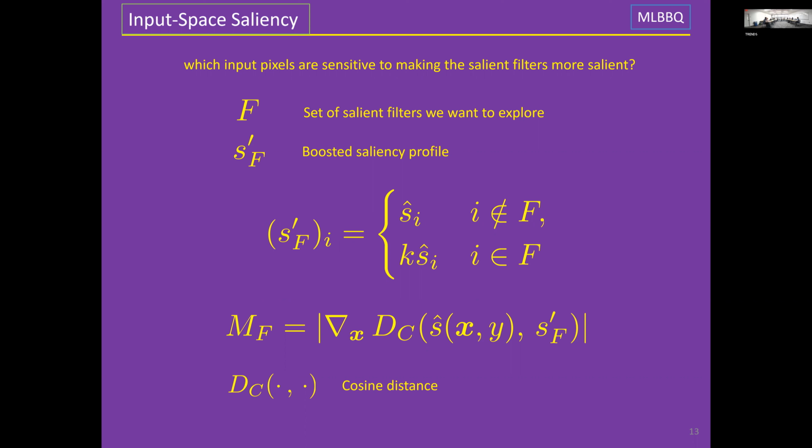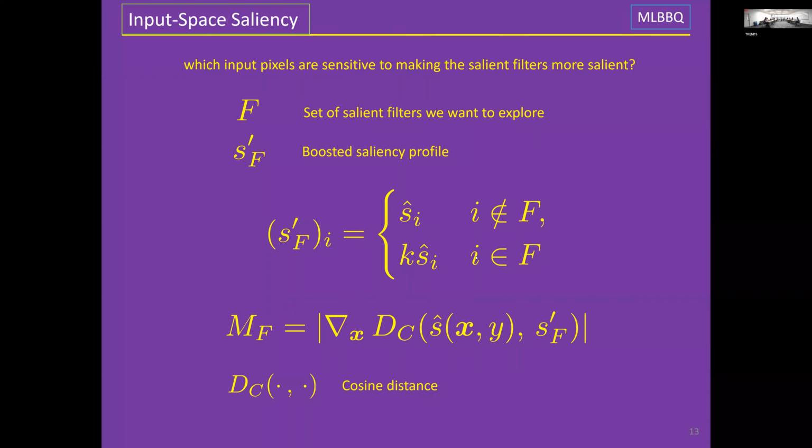Let's name it, for example, a set of filters F. It may have 10 filters, 20 filters, or 50 filters. Then they tried to boost the original saliency profile. That means they tried to boost these filters. For example, if a filter is outside of this set, they did not change the saliency values.